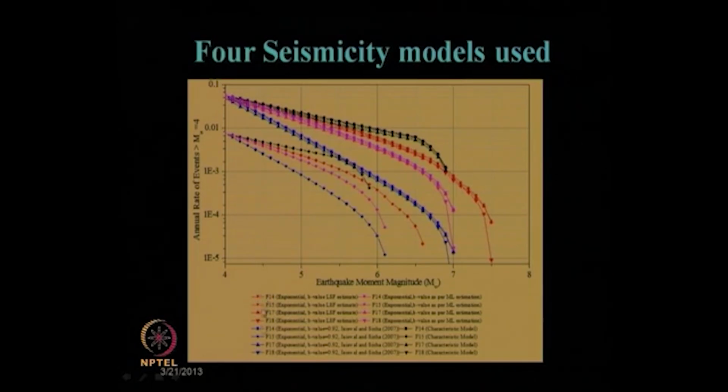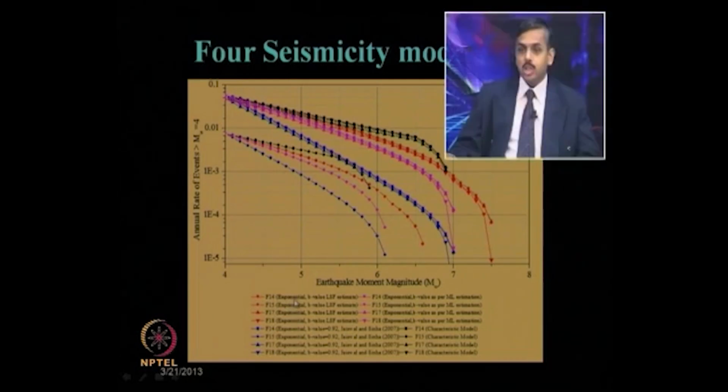These red colors are showing the exponential model, because already we have mentioned that the exponential model is one of the better or good models, right. So, exponential model using the B value we obtained from our proposed analysis using LSF. LSF means least square fit estimate.